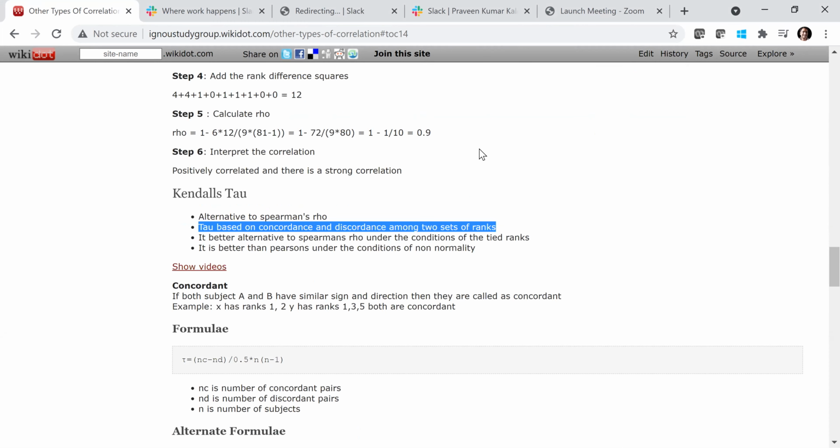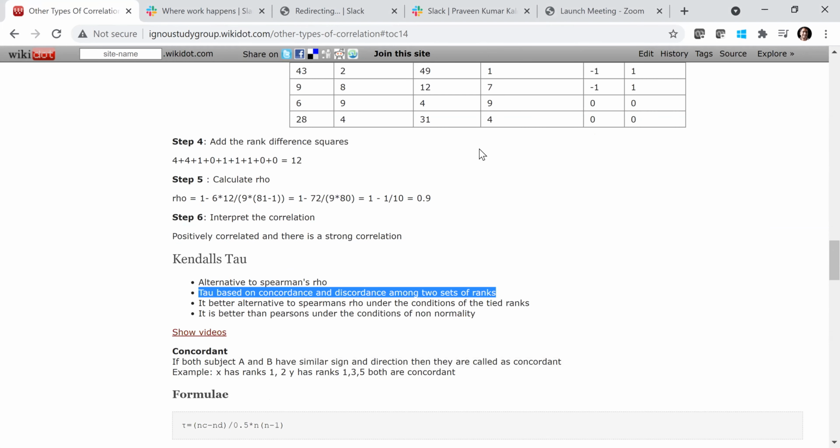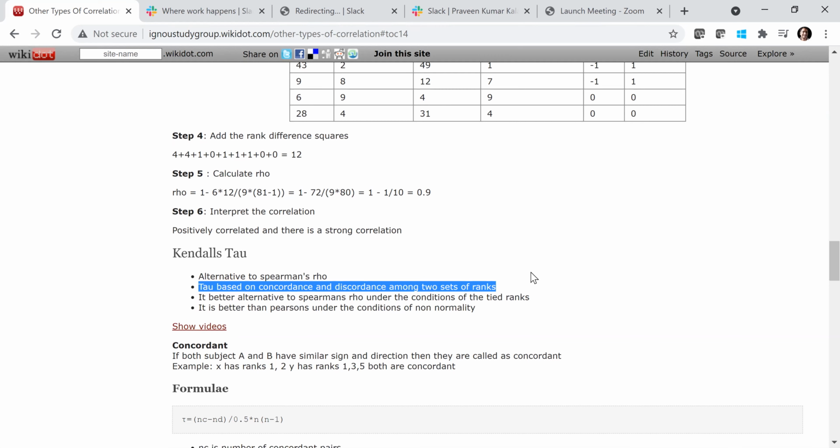In Spearman, we talked about tied ranks, and how exactly we find the average of tied ranks. In Kendall, the concept of tied ranks is dealt with in a better way when compared to Spearman. So especially if you have a scenario of tied ranks, then Kendall would fare better when compared to Spearman.